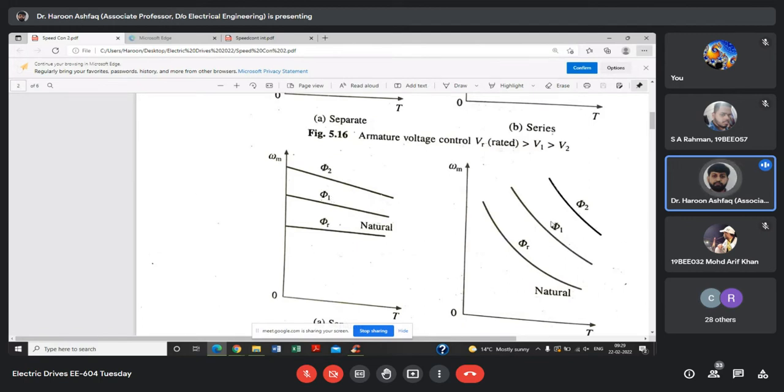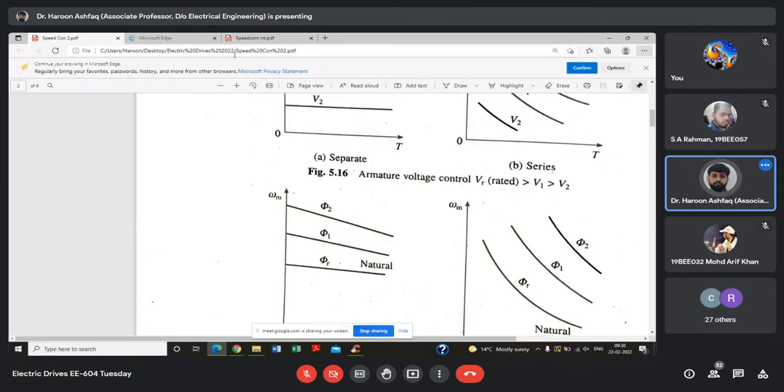DC series machines is that when you have these equations substituted for DC series machines, so what happens is that characteristics move upwards with a slightly larger slope. यानी phi r और phi 1 जो है वो अगर आप गौर से देखेंगे तो phi 1 is more steeper as compared to phi r for practical conditions. ठीक है, ऐसे ही phi 2.